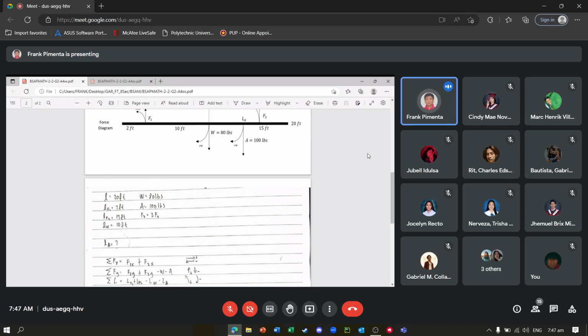Now, if you are writing the given data, you base it on the problem.